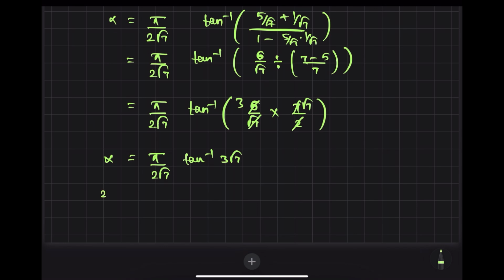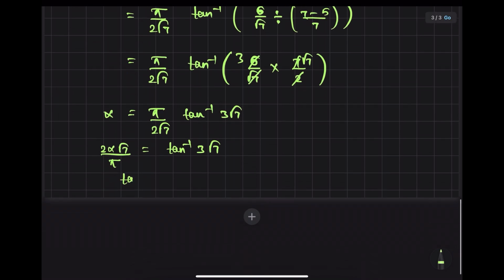So we got 2 alpha root 7 by pi equals tan inverse 3 root 7. Now we will take tan both sides. So we will be having tan of 2 alpha root 7 by pi equals 3 root 7.